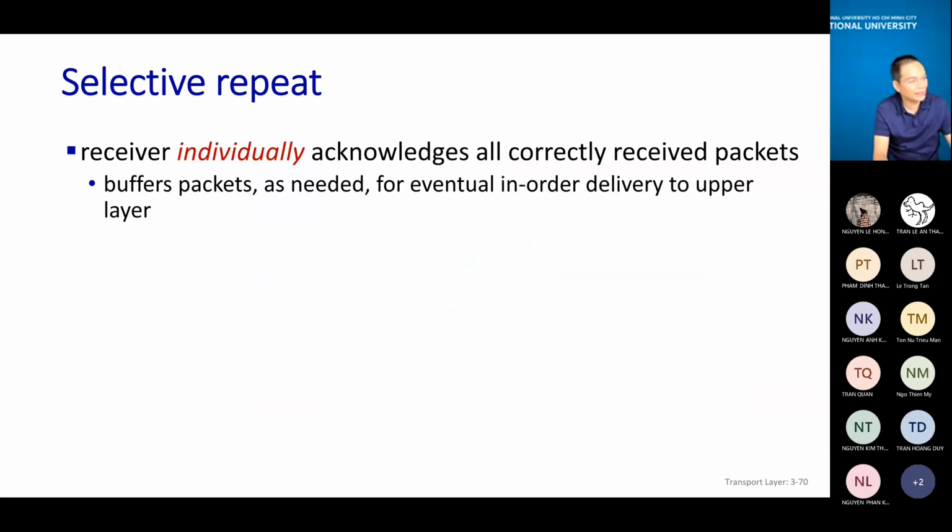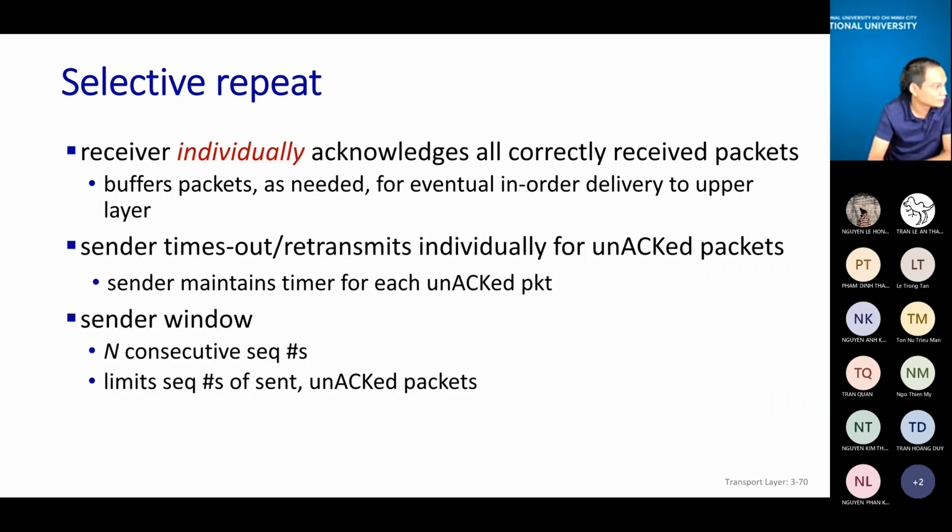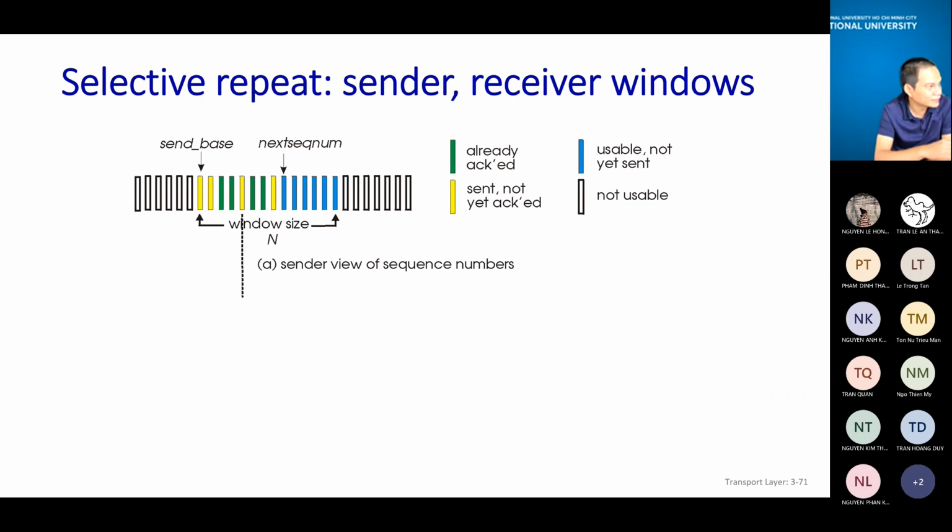How about selective repeat? Selective repeat is different from Go-Back-N. For example, we need to transmit packets, and the window size is a little bit not consistent like Go-Back-N.